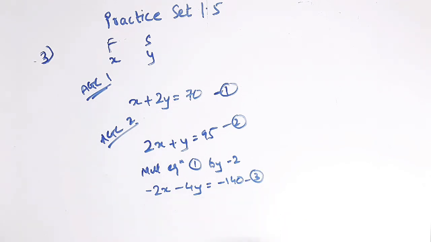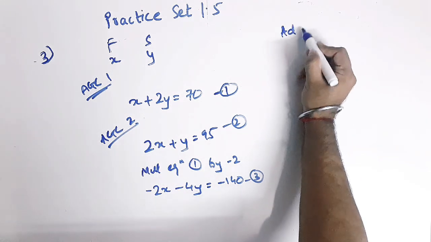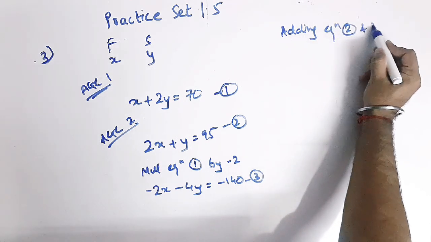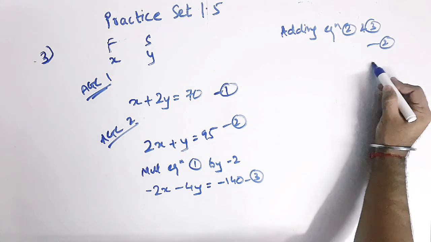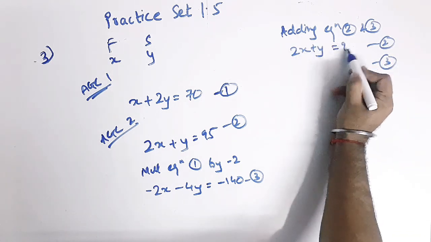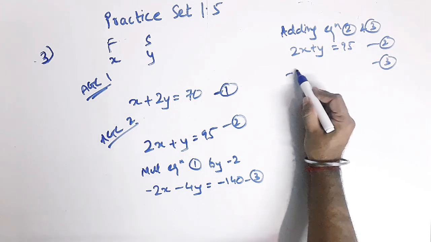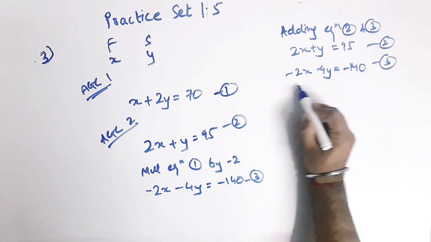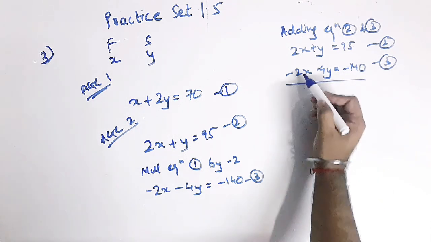So we got equation number 3. Now you can see if I add 2 and 3, 2x minus 2x will go. So adding equation 2 and 3, 2x plus y equals 95, minus 2x minus 4y equals minus 140. On adding, this will go.